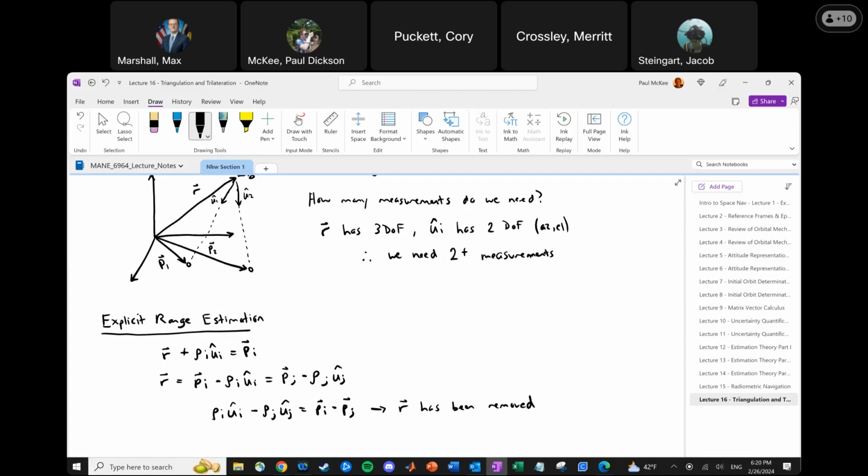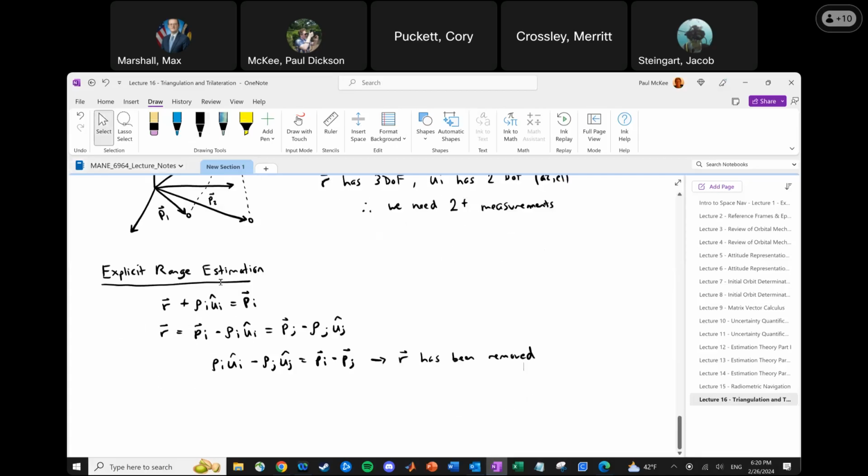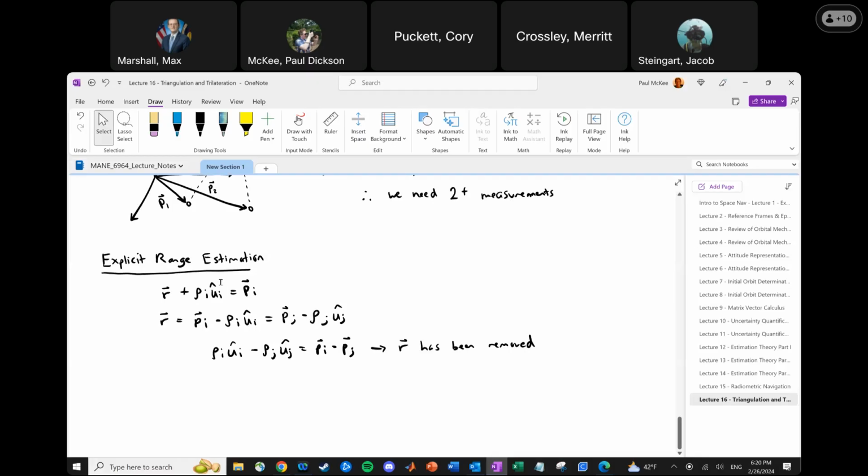Okay, great. Can we turn this into a linear system of equations to solve for rho_i and rho_j? You bet we can. That's what's going to happen next. So first, I'm going to rework this. Oh, I see. Okay, sorry. I was confused by my own notes. We're going to right multiply everything by u_i. So just bear with me for a second, right?